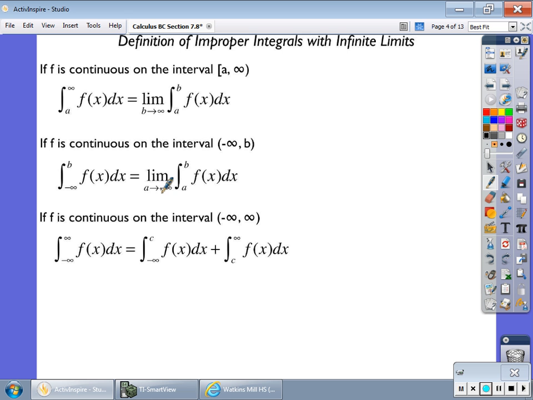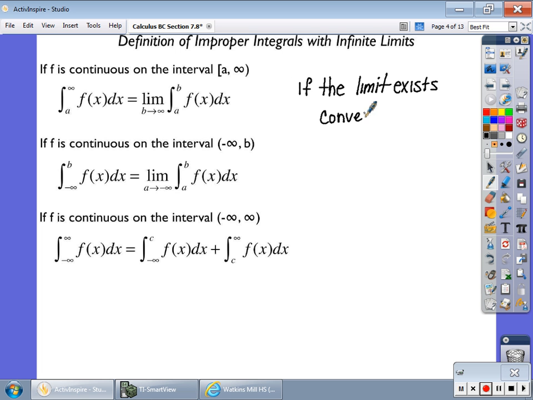Before we move on, if the limit exists, if the limit actually exists, like you get a number, like we did in the last one, what we say is that this integral converges.